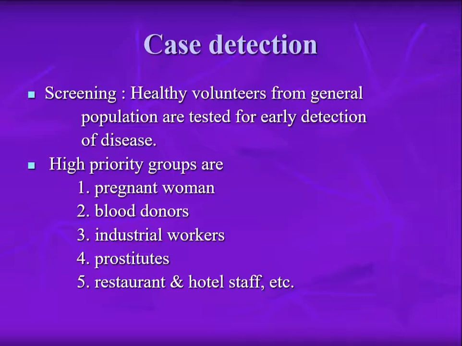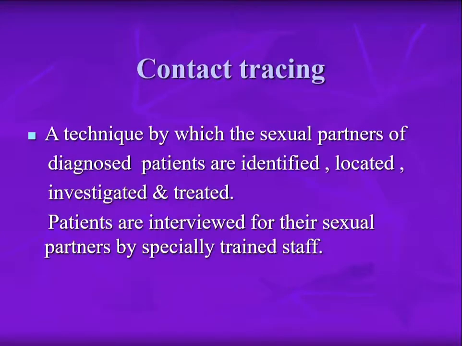The high priority groups are pregnant women, that is, all antenatal women, whose blood we have to test for VDRL; blood donors, for whom we do the VDRL test; industrial workers; prostitutes, all of whom we test with VDRL; and restaurant and hotel staff. That is regarding the screening of healthy volunteers among the general population.